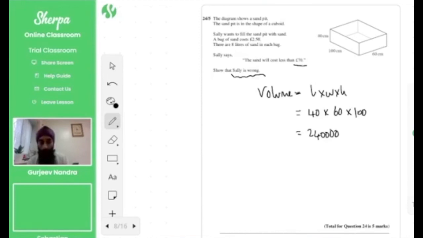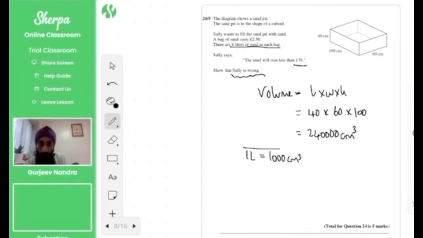A nice way of timesing large numbers that are multiples of 10 is to just times the other digits first, and then we'll put the zeros on the end. Units are going to be key here because the question talks about litres. So the volume of the box is 240,000 centimetres cubed. A good conversion for you is 1 litre is 1,000 centimetres cubed.